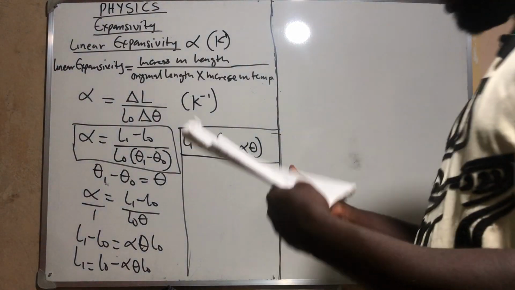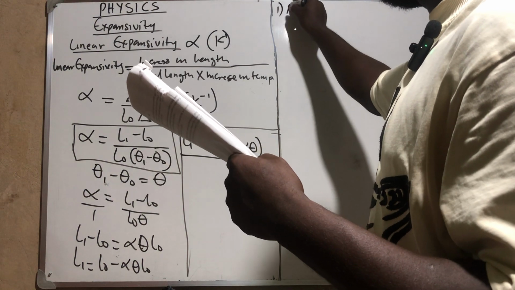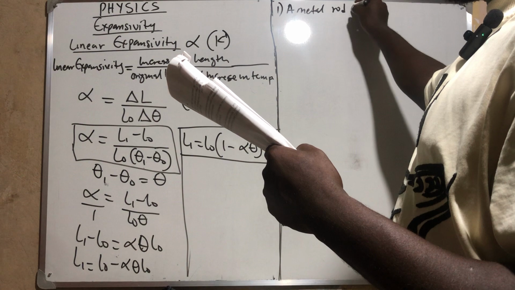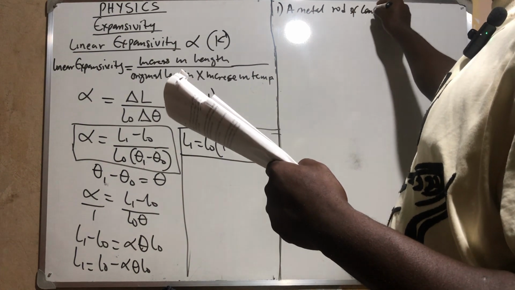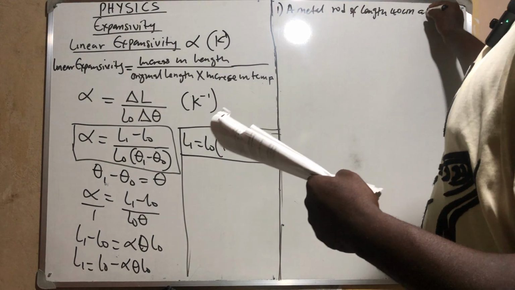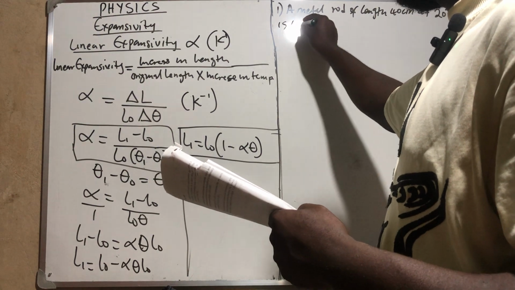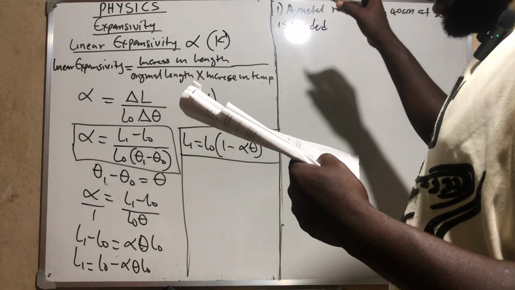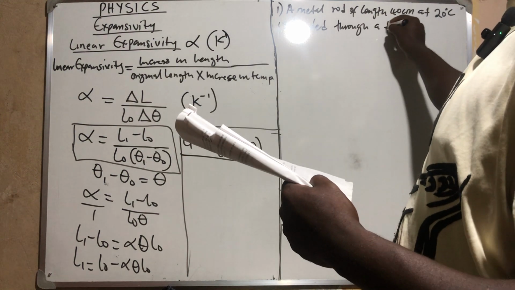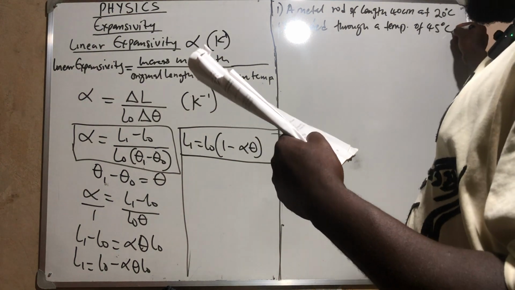The first question we're going to solve says: a metal rod of length 40 cm at 20 degrees Celsius is heated through a temperature of 45 degrees Celsius.